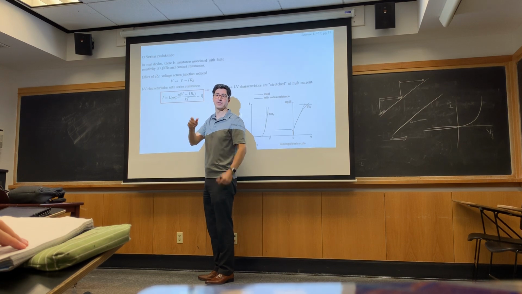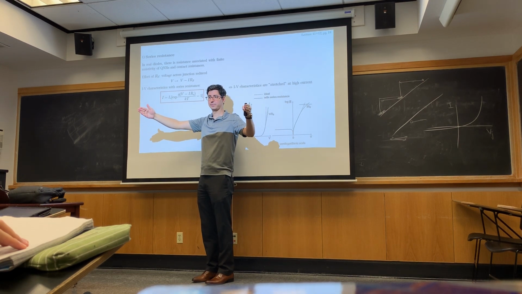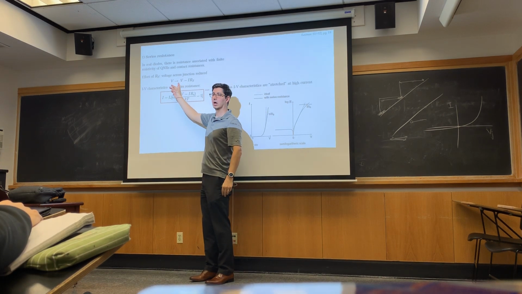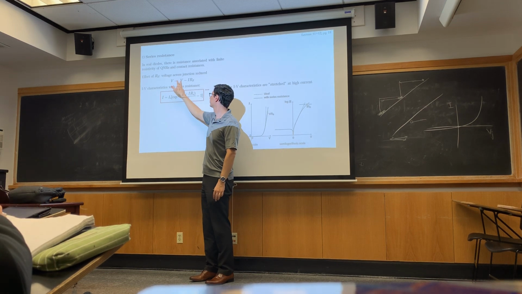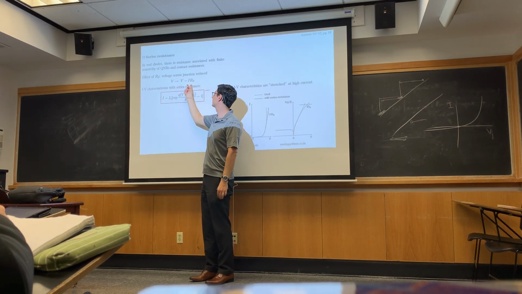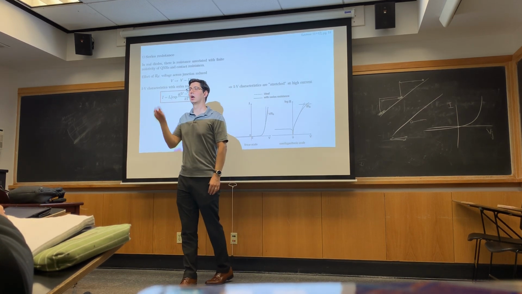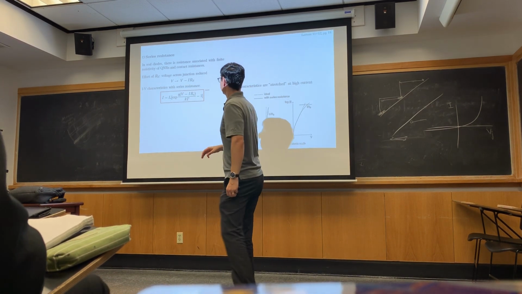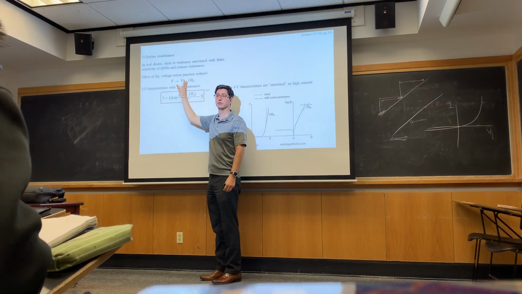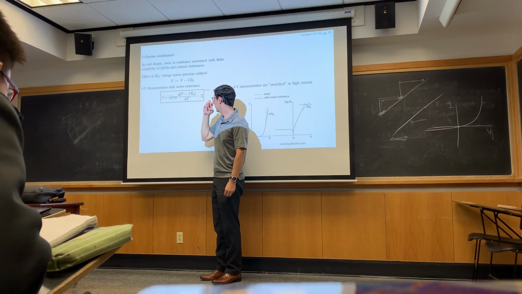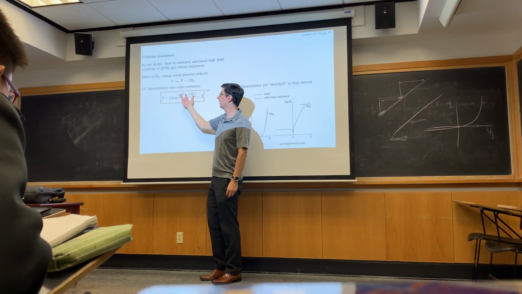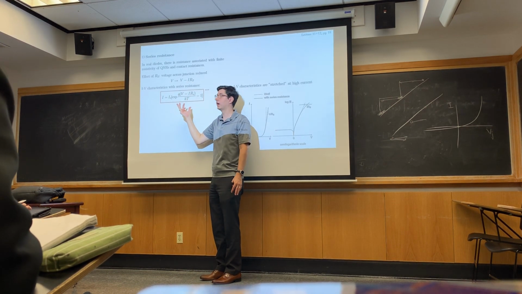Now, if I apply V across my device, the part that actually shows up across my junction is V minus IRS, because IRS is the voltage drop across my series resistor. This is my effective voltage across my junction, so I just plug it into my diode equation.